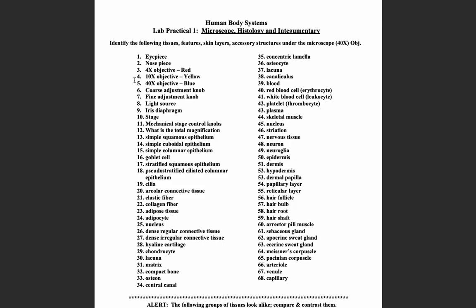These are the answers to the questions that we'll be asking on your lab practical. We'll ask you to name this tissue, and you'll have to say simple columnar epithelium or pseudostratified ciliated columnar epithelium. This is how you'd write it out.